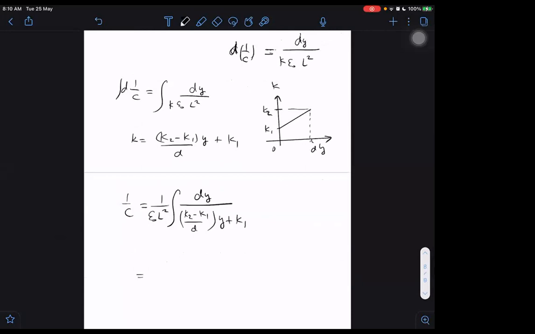Next, we can write it as log of y, limits 0 to d, log of K2 minus K1 by d into d plus K1 divided by K2 minus K1 by d, into 1 by epsilon naught L square, into 0 plus K1. Limits of y we are putting.